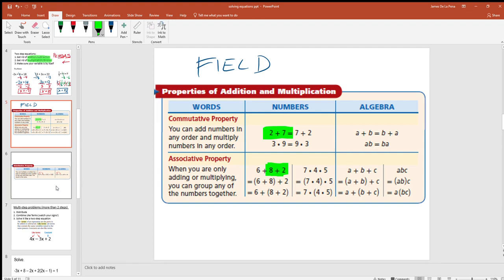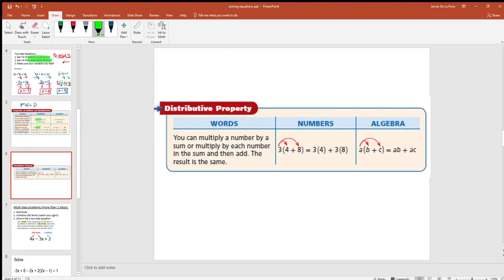Another property of all numbers is called the distributive property. If you look at it with actual numbers, it combines both multiplication and addition.